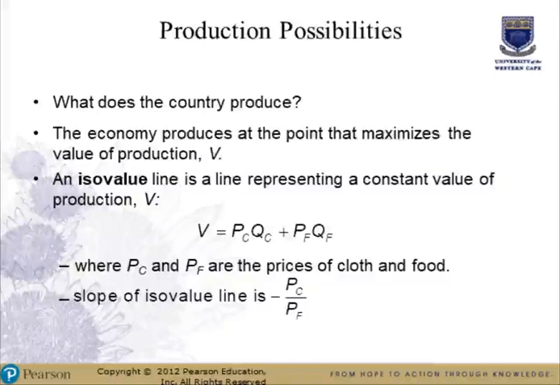Therefore, the production point of the economy is a point where the ISO value line is tangent to the production possibility curve. At the point of tangency, the opportunity cost in terms of food of producing another unit of cloth is equal to the relative price of cloth.